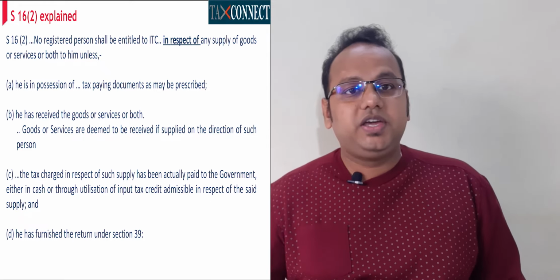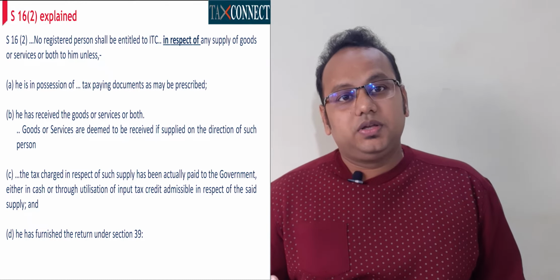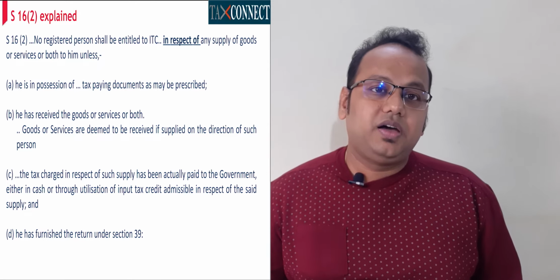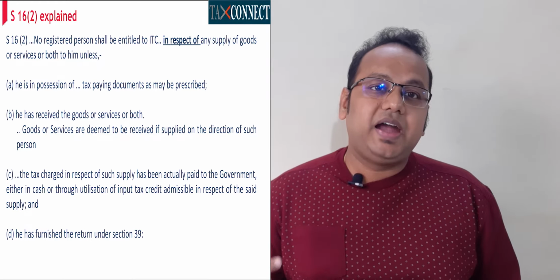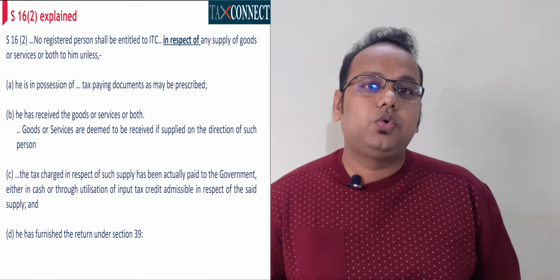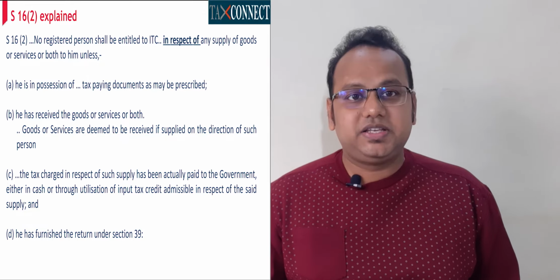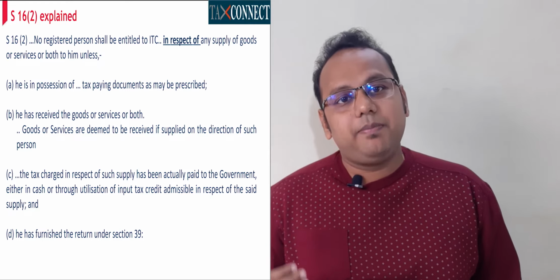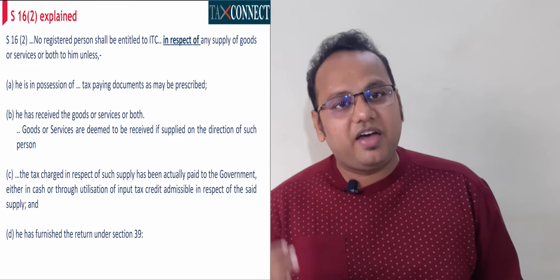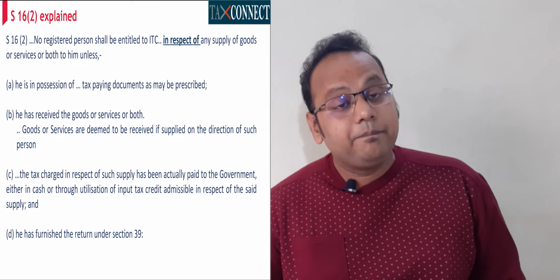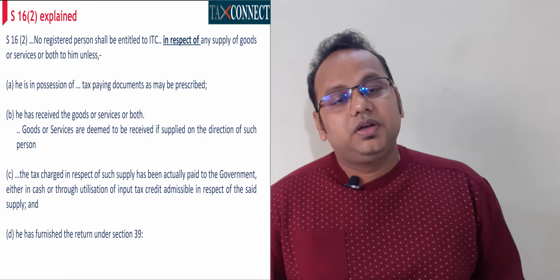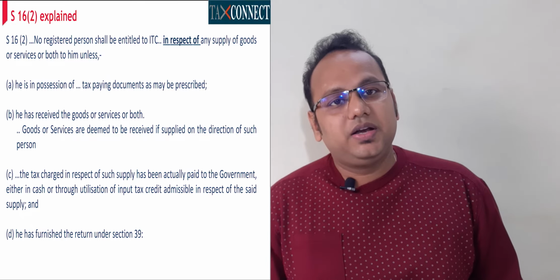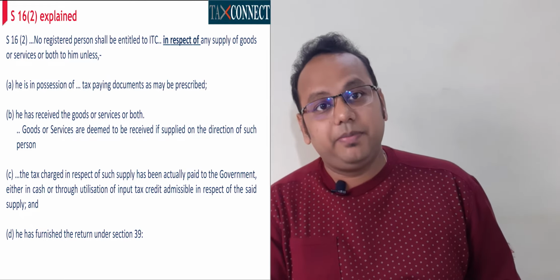So, although we sometimes trade and industry feel that the time in which the ITC is available in GSTR 2A, then you don't even need the tax invoice. That is a wrong presumption, because 16(2)(a) makes it absolutely mandatory to have a tax invoice, which is as per rule 46, subject to certain relaxations provided for claiming ITC.